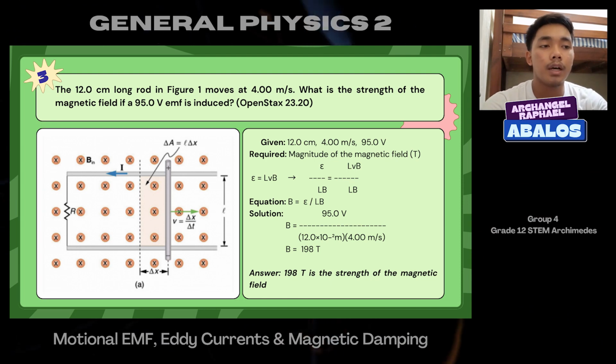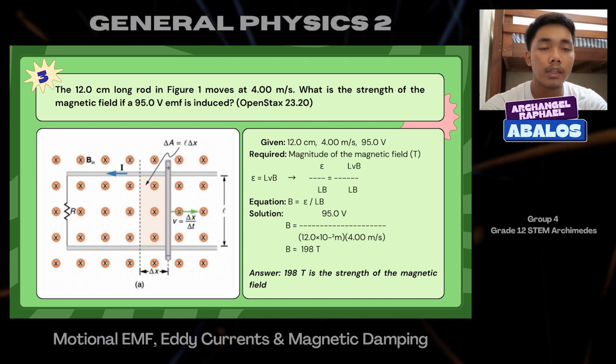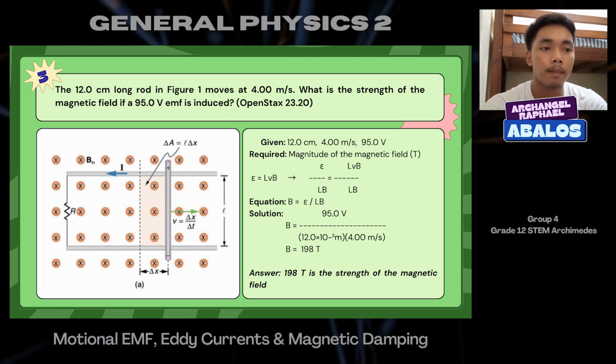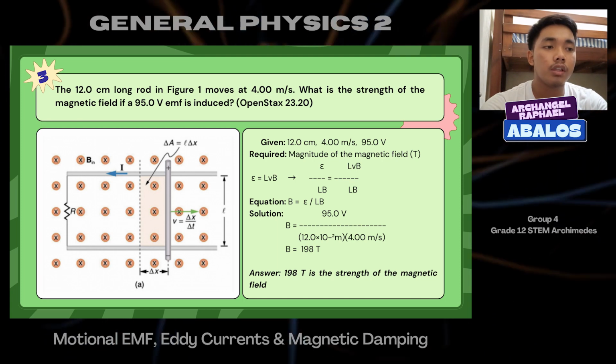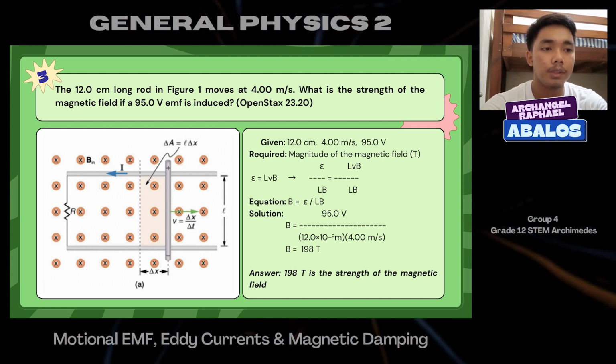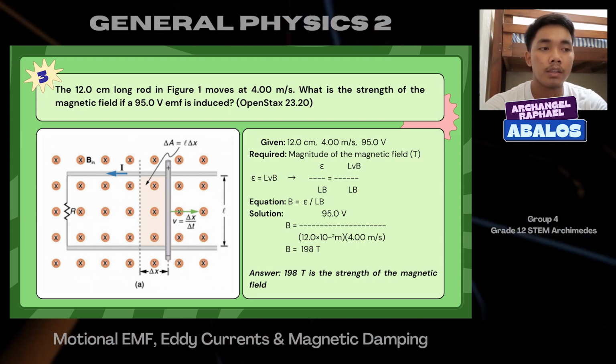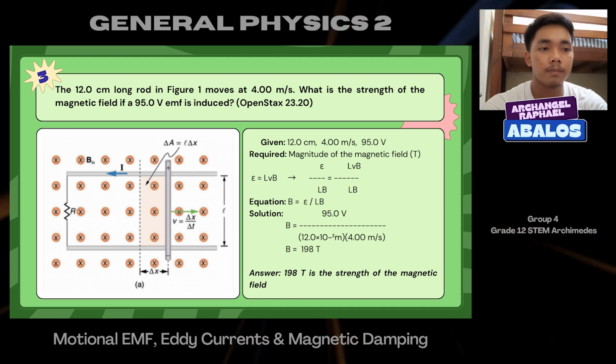So this problem is almost the same as problem number 2. However, in this case, ang hinahanap natin ay ang B or yung magnitude ng magnetic field. So again, using the motional EMF at pagde-derive nito, mahahanap natin ang value ng B by deriving the formula by dividing both sides by the length and the velocity.